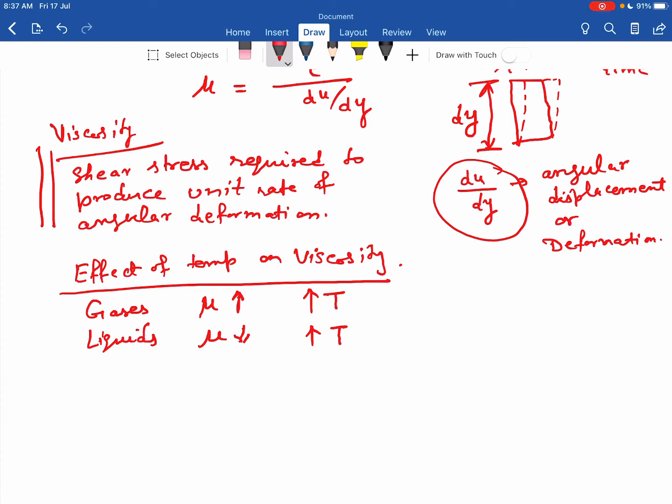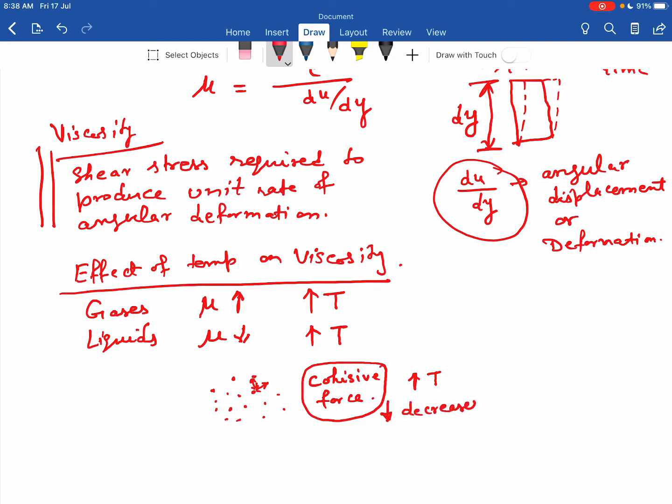The reason behind this is, in case of liquid, we have different molecules, and within these molecules there is some force of attraction that we call cohesive force. Okay. So when we increase the temperature, this cohesive force, that is the force of attraction between the molecules, decreases. So due to that, mu decreases, viscosity decreases.